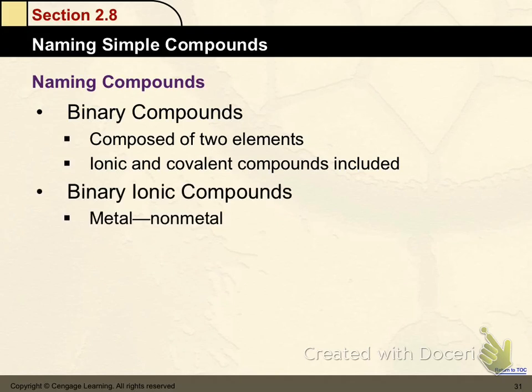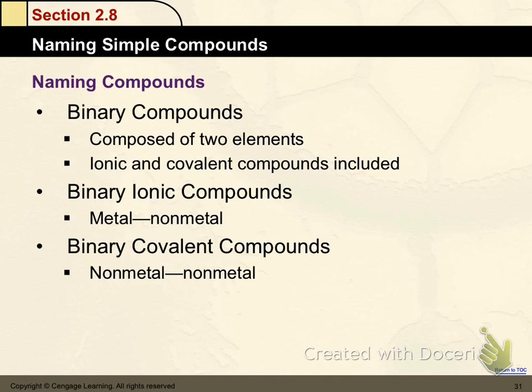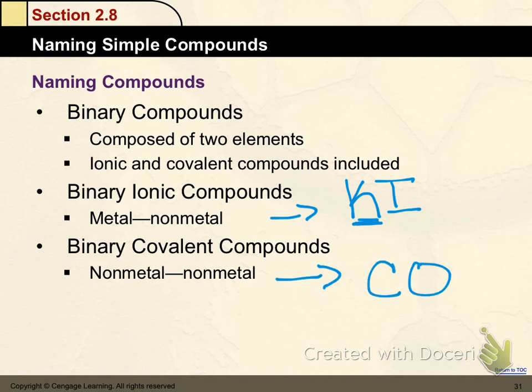A binary ionic compound contains a metal and a nonmetal, whereas a binary covalent compound contains 2 nonmetals. An example of a binary ionic compound would be potassium iodide, potassium being the metal. A covalent compound might be carbon monoxide. Neither of those are metals, so it's covalently bonded.